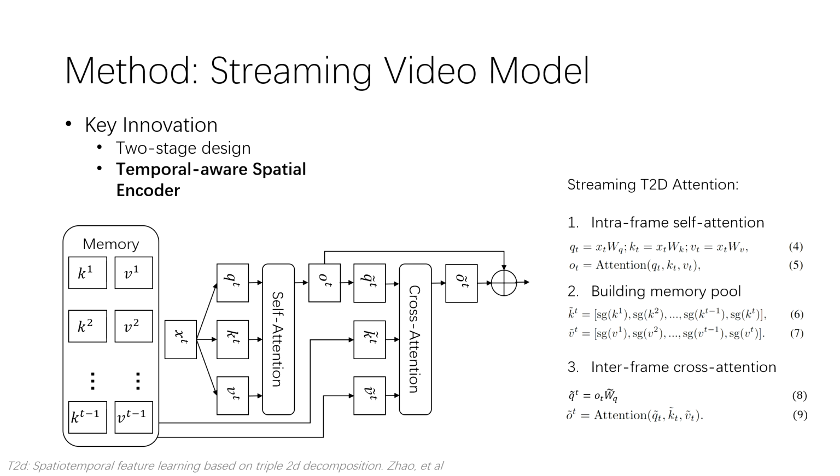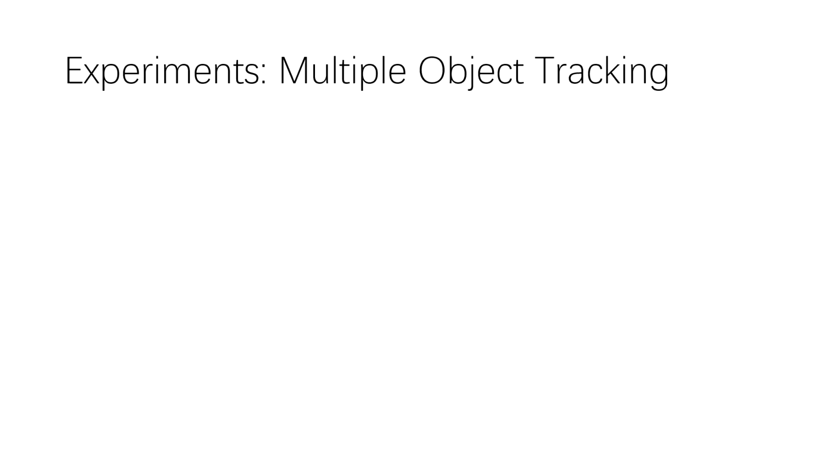Combining the two-stage design with the temporal-aware spatial encoder, we developed an efficient and effective streaming video model. It accepts a video stream as input and outputs features useful for all kinds of video understanding tasks. In our experiments, we initially focused on multiple object tracking.